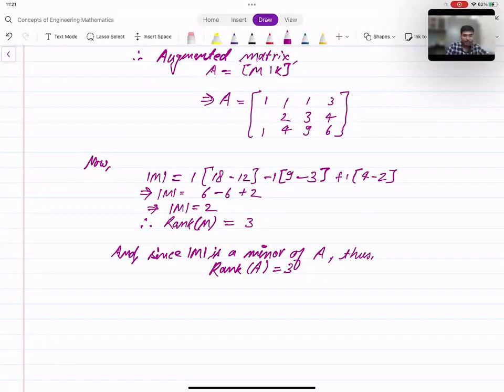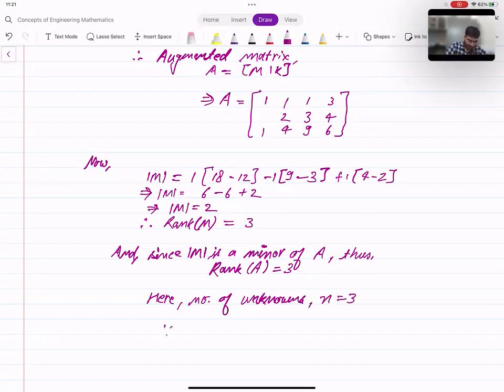Also, the number of unknowns, say N, is also 3.